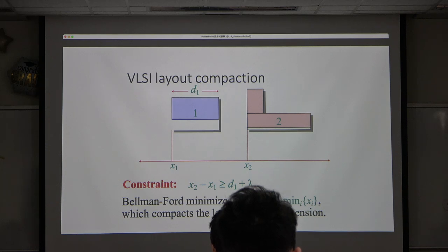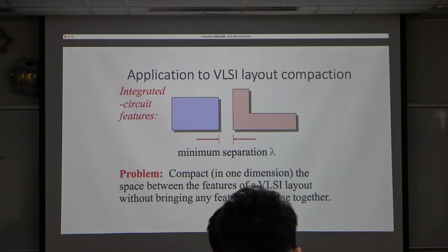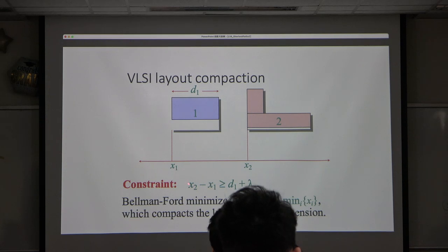This lambda is the minimum separation. You can represent this constraint as a difference constraint, like we talked about previously. This is for a particular feature.